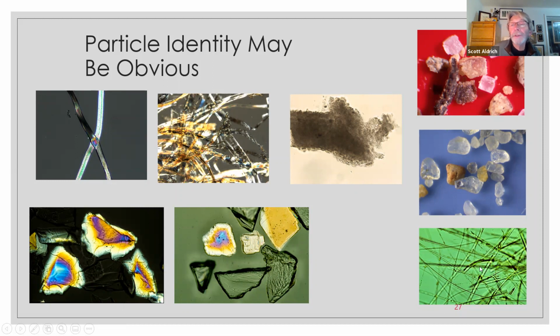Both characteristic of who made the fiberglass and when, if you're tracking that back. The image bottom center is an example of a variety of minerals in a microscope prep. And there's quartz and calcite and hornblende and apatite, a variety of minerals in that mix.